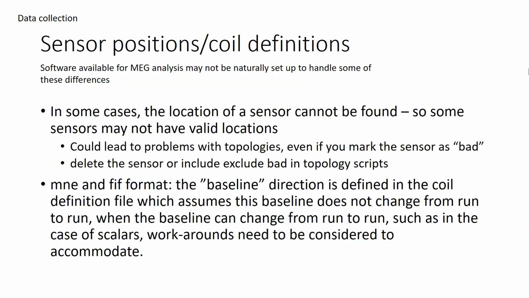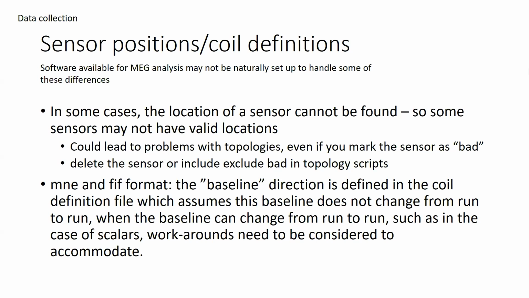The software available for the MEG analysis may not naturally be set up to handle some of these differences. So in terms of sensor positions and coil definitions, for example, in some cases, the location of a sensor cannot be found. Usually, if you have a bad sensor with SQUID, you just label it as bad, but that bad sensor still has a correct location. But if you have a bad sensor in the OPM, it might mean that it has no location. And so it might be given a nonsensical location or a location that's at the origin.